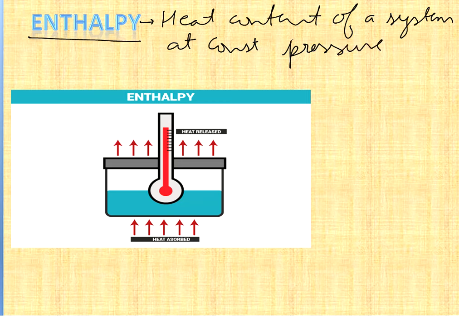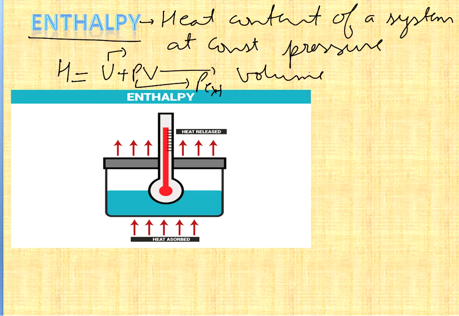You can also say that in a chemical reaction, the amount of heat absorbed or released is also known as enthalpy. It is represented by H, and the equation is H equals U plus PV. Here U is internal energy, P is external pressure, and V is the volume. This is the equation of enthalpy.